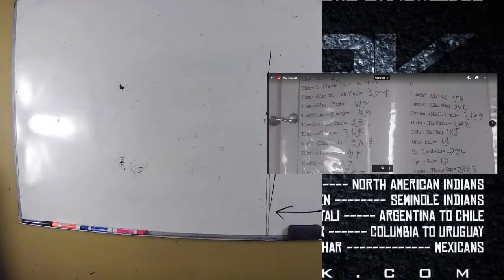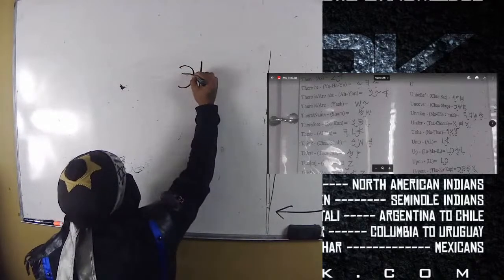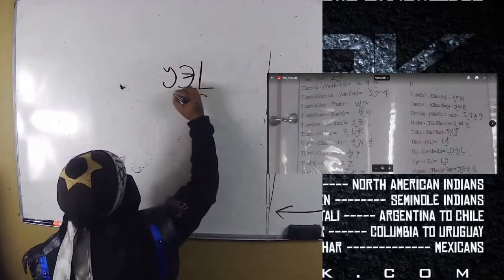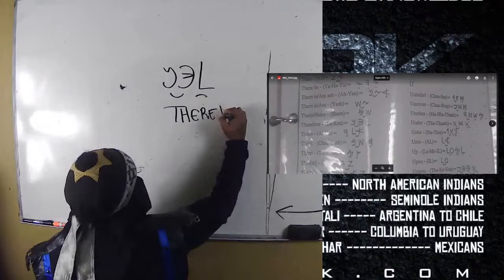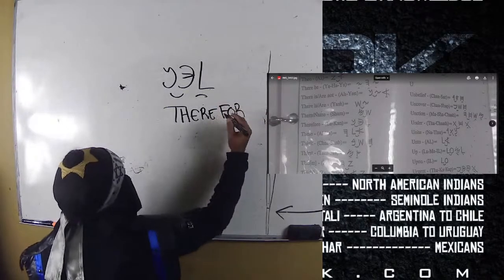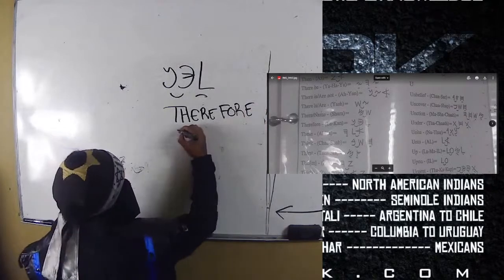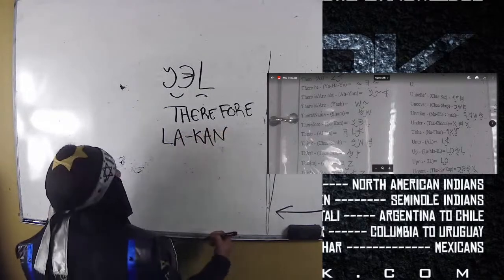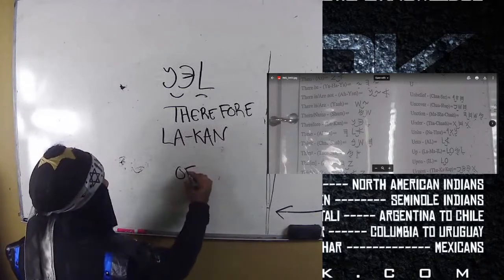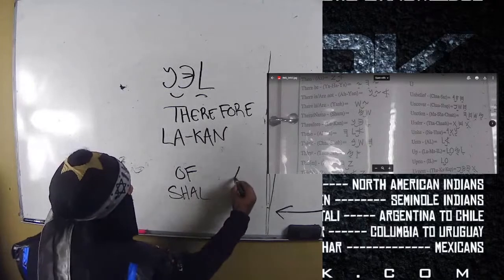That was these. The next one is therefore, Lacan. Lacan, therefore. This is the actual root word. It's pronounced Lacan. This is the actual word for it. It's like of. The word of is used in many different things, but the actual root word for of is shal.